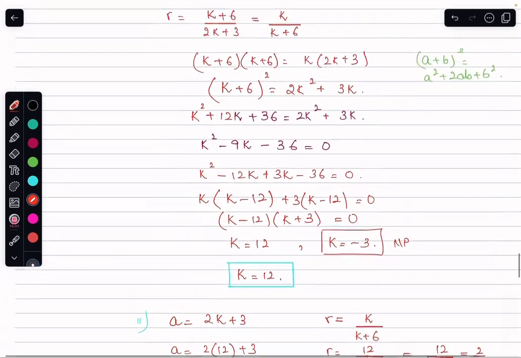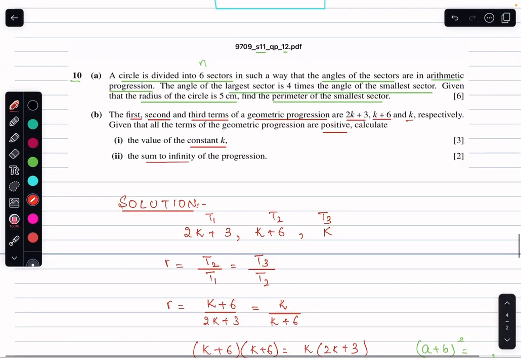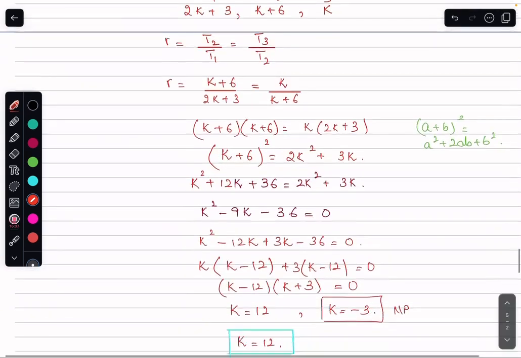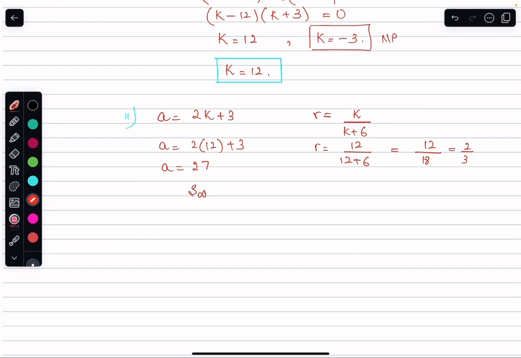So if the question is asking for the sum to infinity of the progression, I should be having my a as well as my r. Sum to infinity here is equal to a divided by 1 minus r.